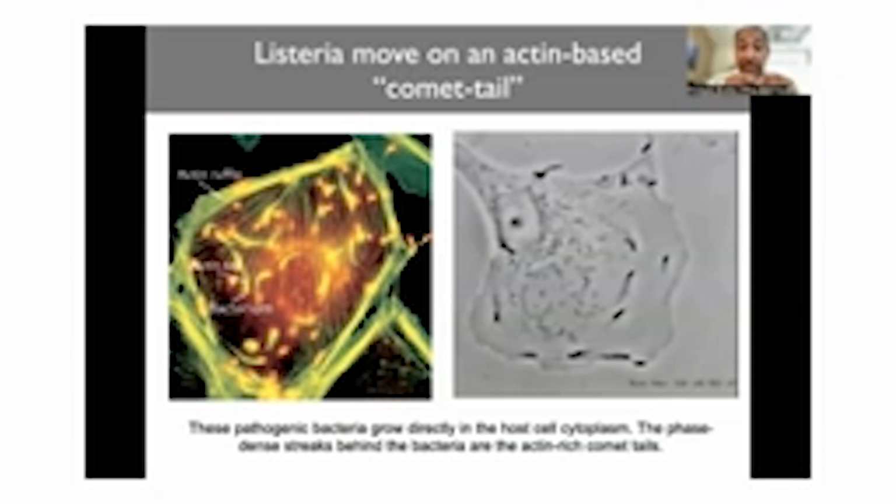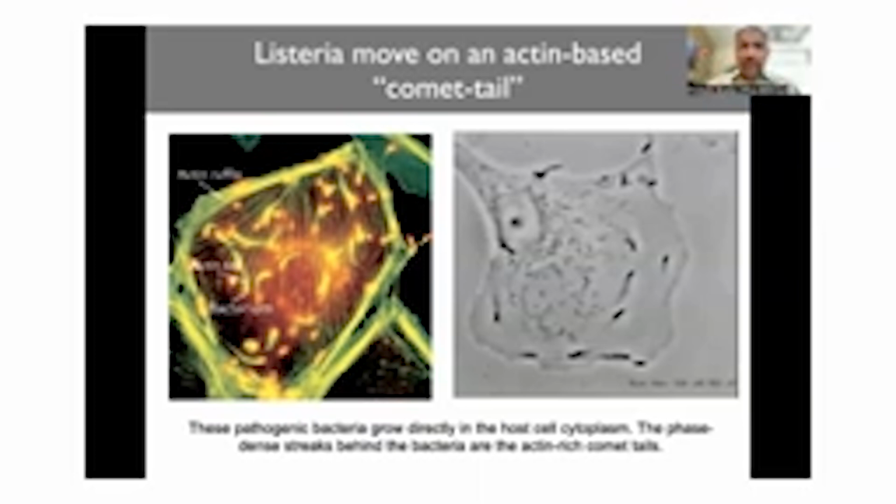So the bacteria by itself does not have this tail till it enters the cell, and now it has the ability to move around. If you see these black dots, the black dots are the bacteria, and the fuzzy tail that you see is the tail of actin that now allows the bacteria to move.